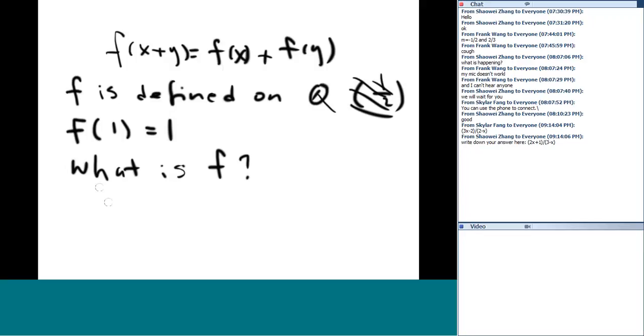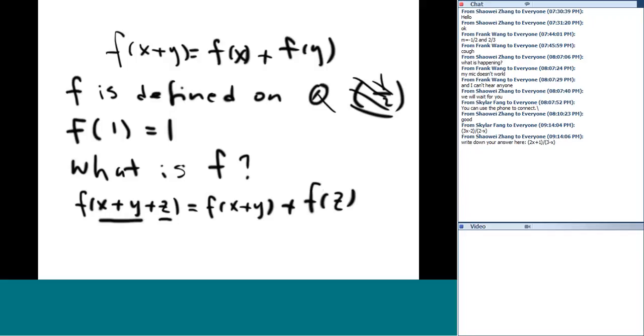Okay, let's do it together. So you have f(x + y + z) equals f(x + y) plus f(z), which is going to be f(x) + f(y) + f(z).